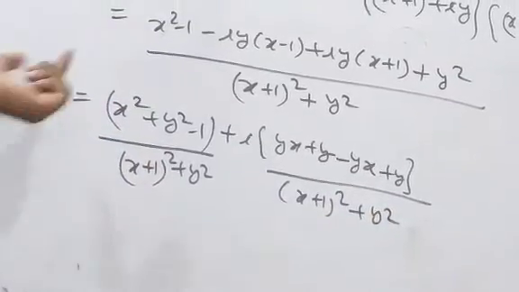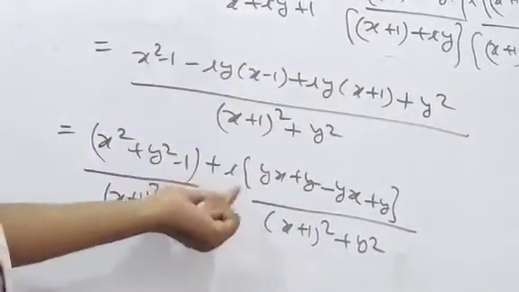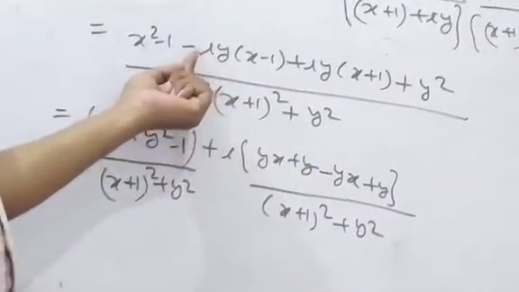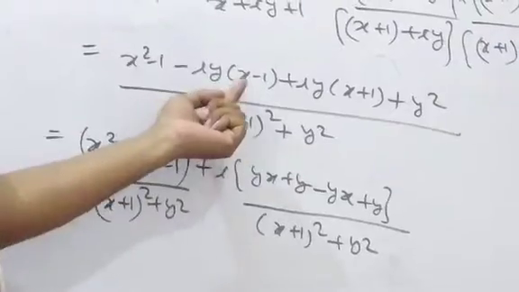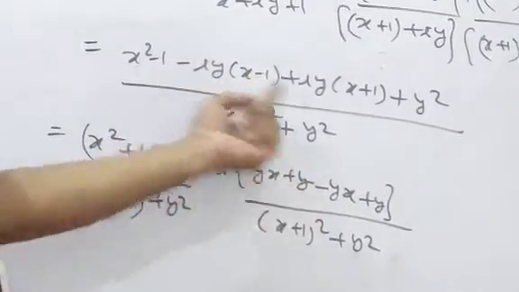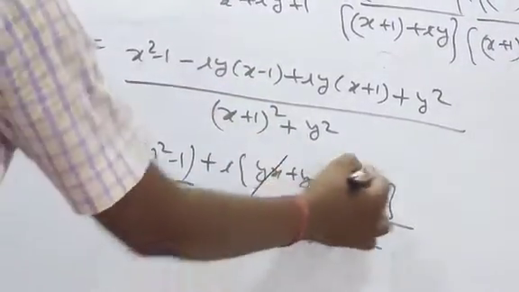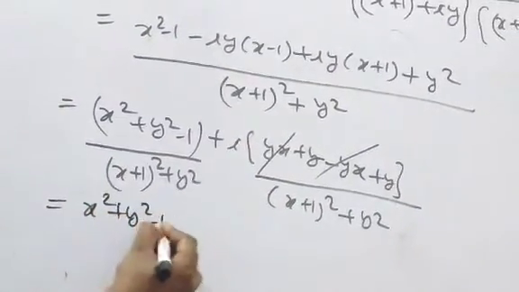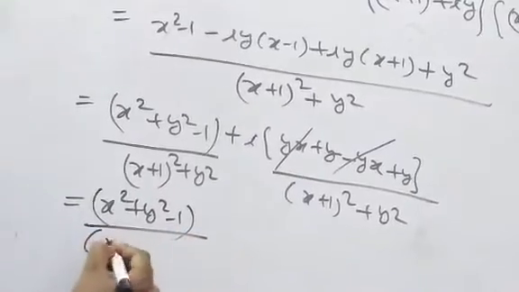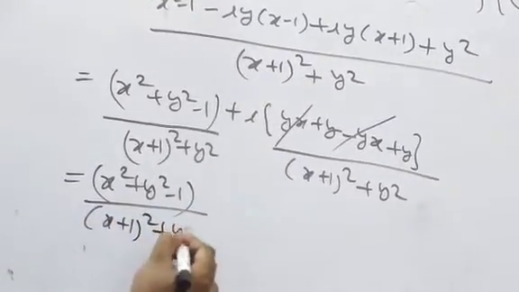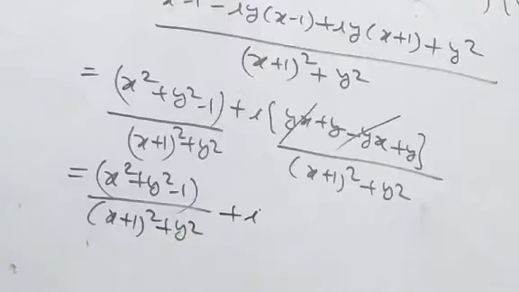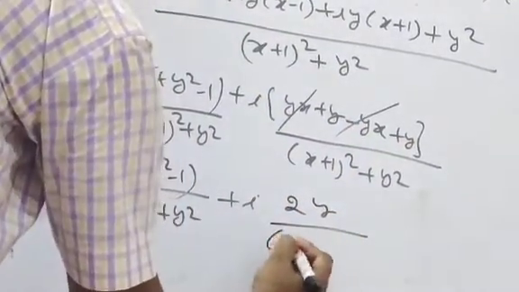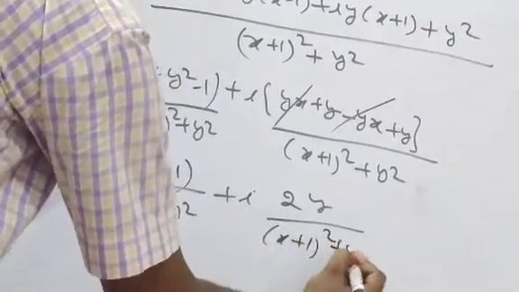It is clear? Very simple. I is the common, yx plus y minus yx, minus into minus plus sign y into y. Now cancel here. Now x square plus y square minus 1 upon x plus 1 whole square plus y square, plus i into y plus y, 2i upon x plus 1 whole square plus y square.